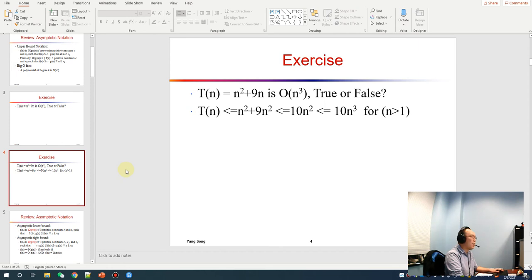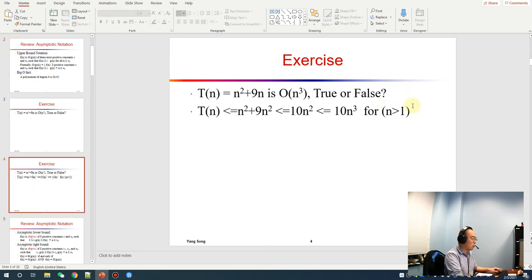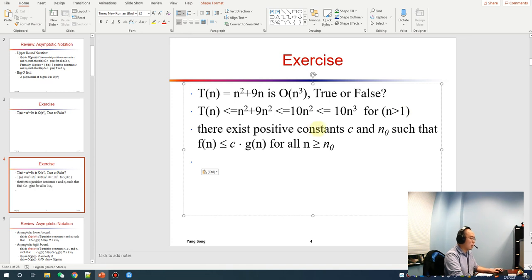Okay, so the next part, we want to go back here, and I want to grab this part again. Let me do a paste. And then we have already figured out the C, the n0, and g(n). So let me just replace. There exists a positive constant C, and C is 10.